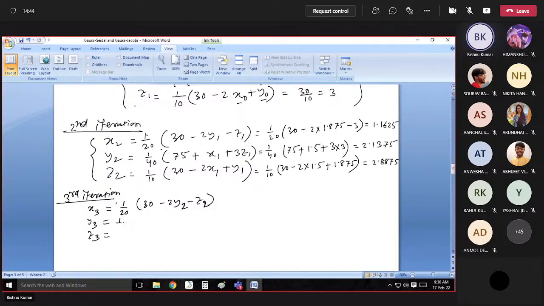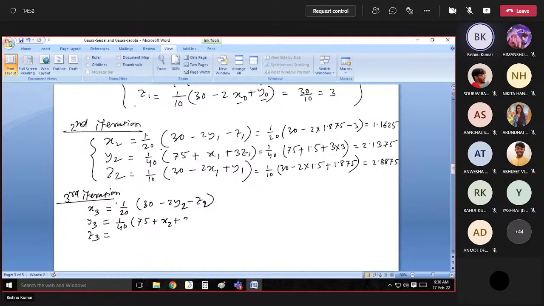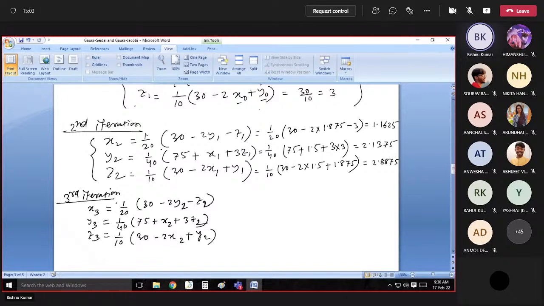Yes, sir. y3 = 1/40 (75 + x2 + 3z2), and z3 will be 1/10 (30 - 2x2 + y2). By watching the previous line, step by step you just increase the subscripts and iteration values. The formula scheme will be the same because it is built from the system of equations.